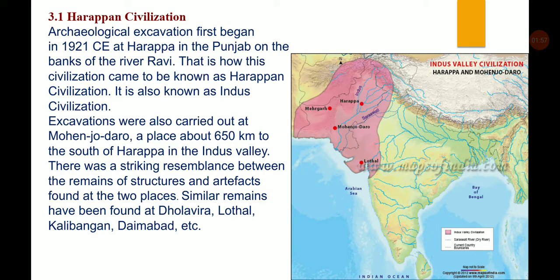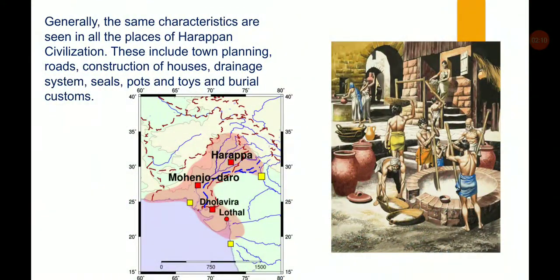Similar remains have been found at Dholavira, Lothal, Kalibangan, Daimabad, etc. Generally, the same characteristics are seen in all the places of Harappan civilization. These include town planning, roads, constructions of houses, drainage system, seals, pots and toys, and burial customs.